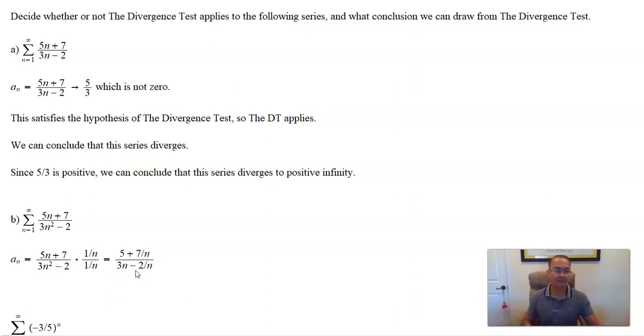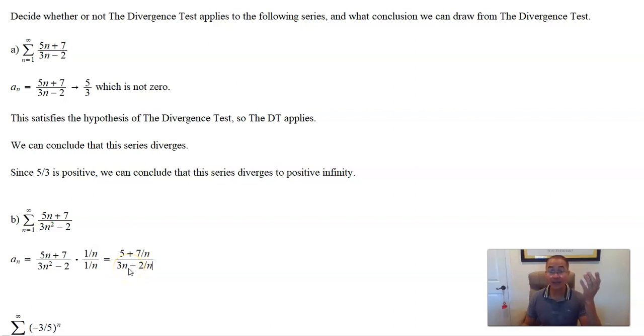Okay, so let's analyze what's happening here. 7 over n, that limit is 0, minus 2 over n, that limit is also 0. So these two terms are getting very, very small, close to 0, which means that the numerator is approaching 5. But the denominator is 3n minus something that goes to 0, and n is going to infinity.